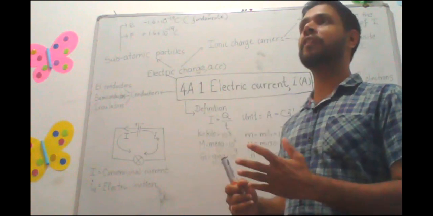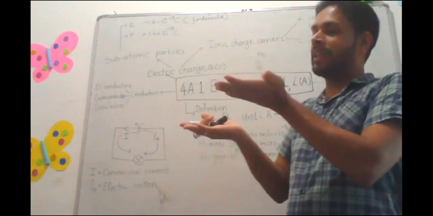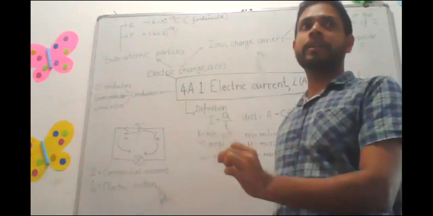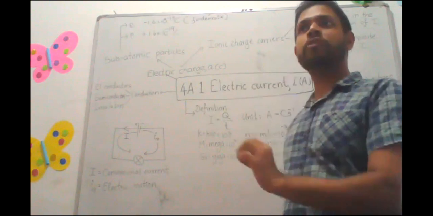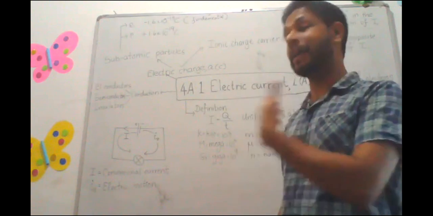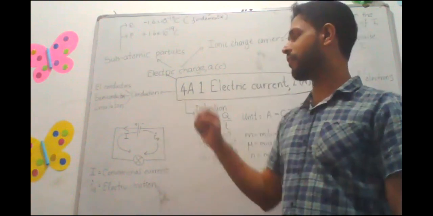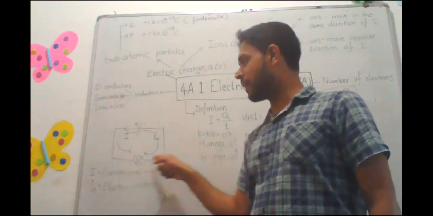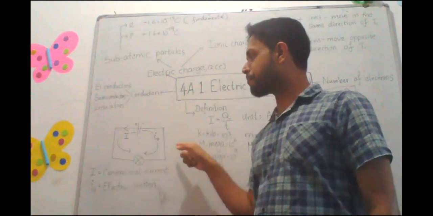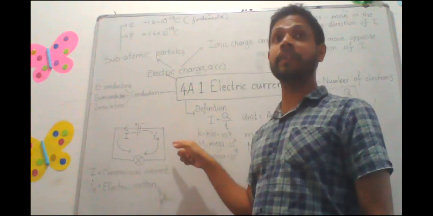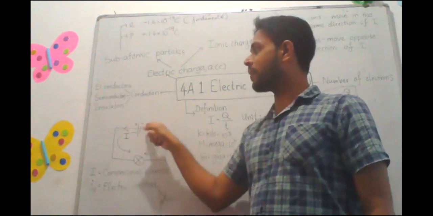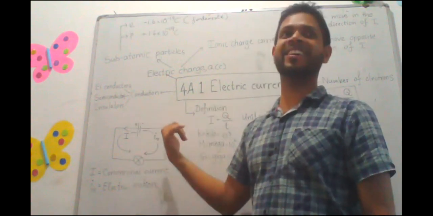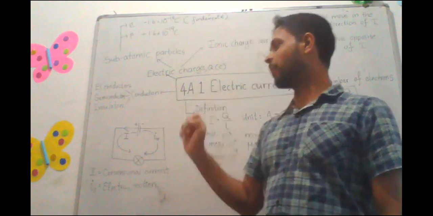So when there is a potential difference, charged particles experience a force. When there is an electric field, they experience this. So we know that in a complete electric circuit like this, the force is given on the electron. Today's lesson is on that. Okay, we will talk about that in a moment.